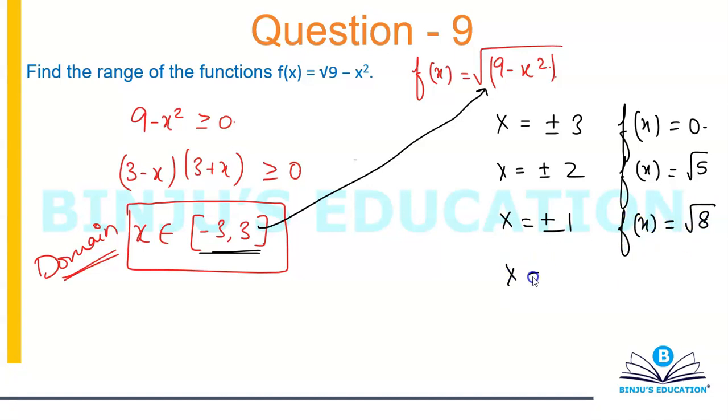Then I put x is equal to 0, and I have f(x) is equal to 3. So the maximum value that this function can have is 3 when x is equal to 0. And the minimum value that this function can give you is f(x) is equal to 0 when x is equal to plus minus 3.